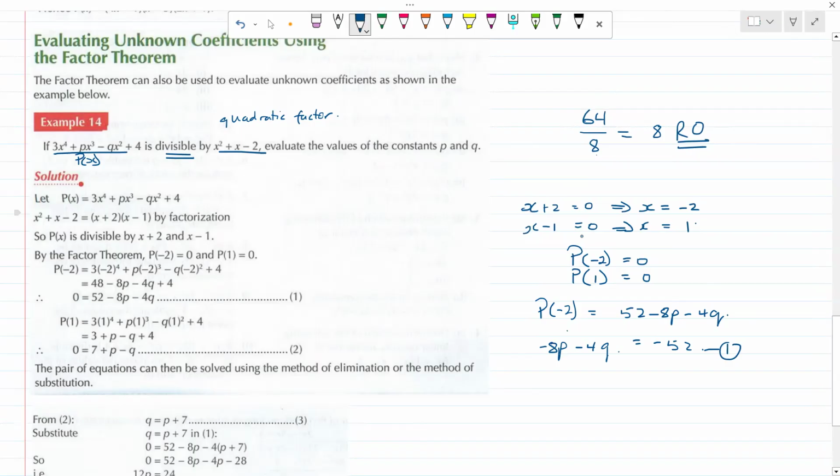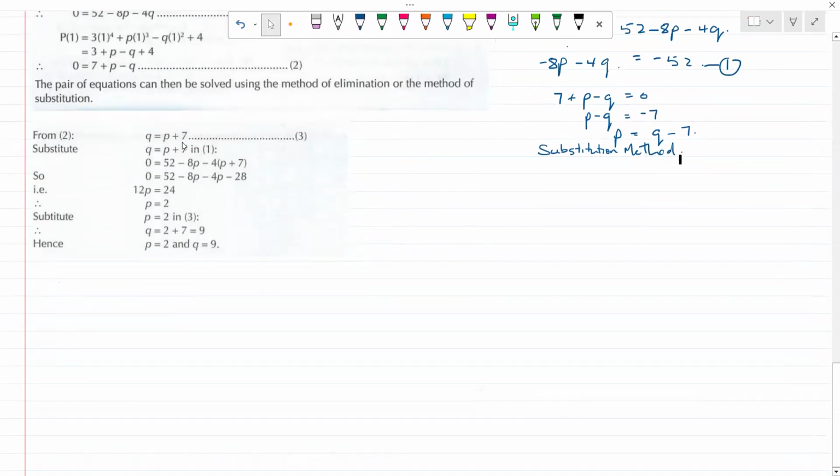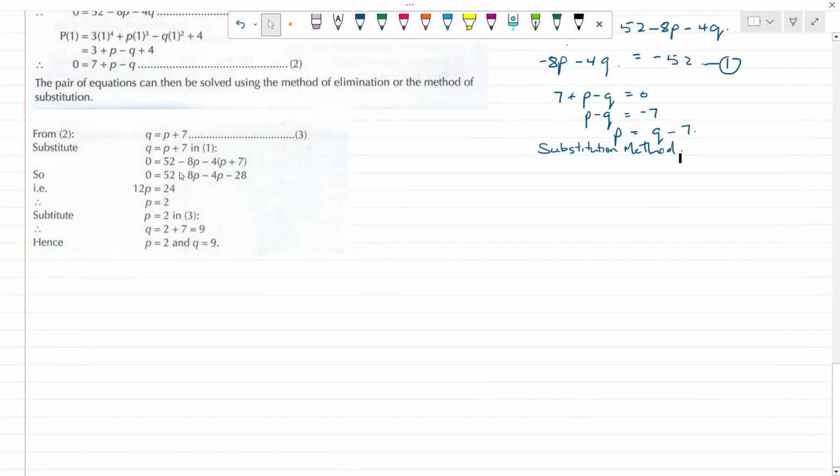We could transpose and write this as another equation. So we could rewrite this as p is equal to q minus 7, or we could say q is equal to p plus 7, any one of the two. And we could use our substitution method for solving simultaneous equations, and we could actually work out our values of p and q respectively.